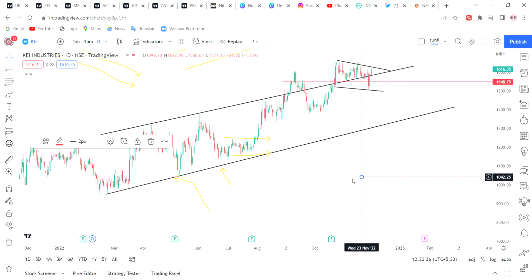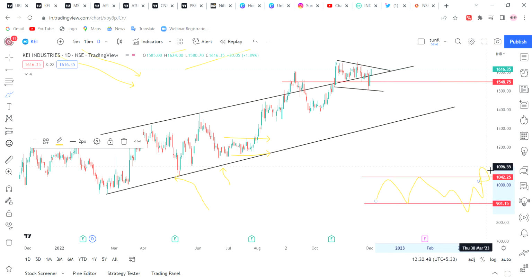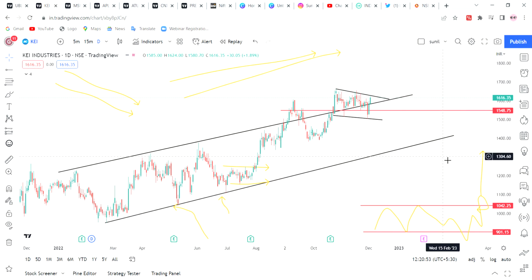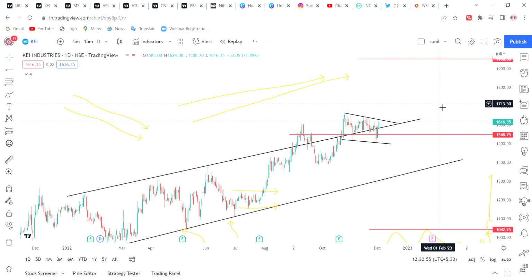Whenever the price is moving around support and resistance, as I have explained in many of my past videos, and it gives a breakout, and we are observing in very important time frames, not very short ones, but weekly, monthly and daily time frames, then the importance and probability of the price action will be more.